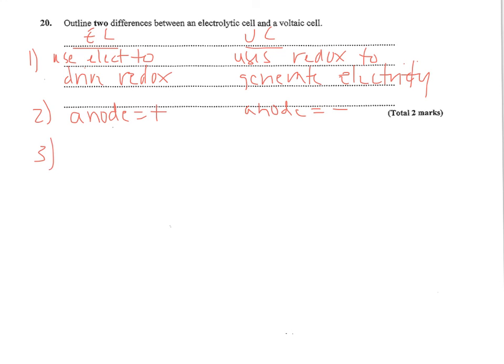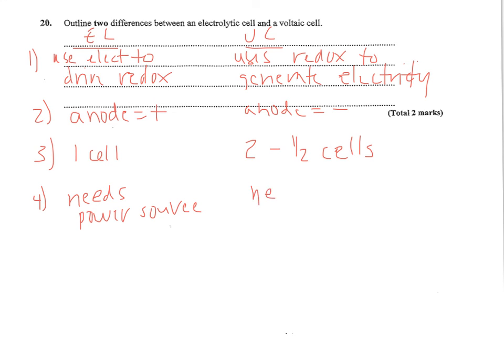Another difference is an electrolytic cell is just one cell, but this is 2 cells, 2 half cells to be exact. Another difference, an electrolytic cell needs a power source, whereas in a voltaic cell, it needs a salt bridge. They both need ions.